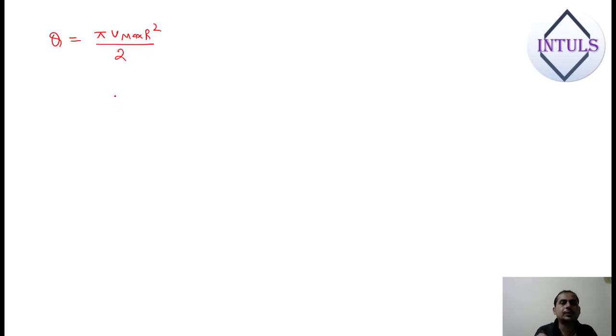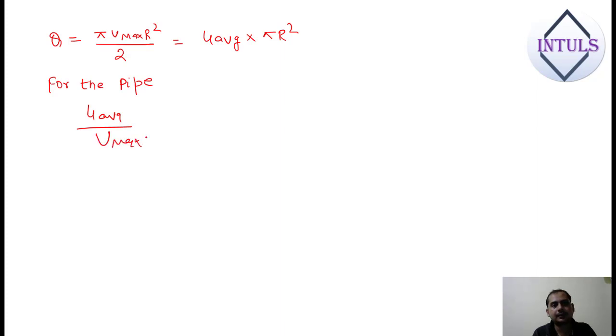Similarly, you can also define Q as u average into pi R square. So the relation between u average and u max for the pipe is u average by u max is equal to half.